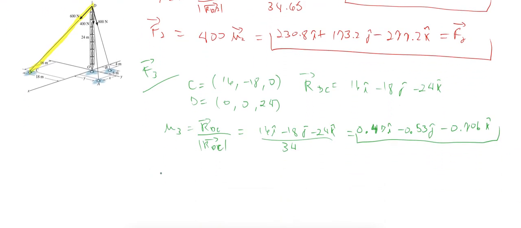Finally, multiply this times what? The magnitude, right, guys? The magnitude was 600, times unit vector 3.